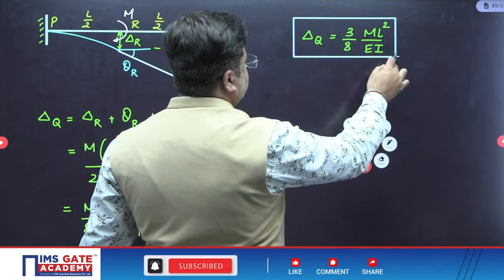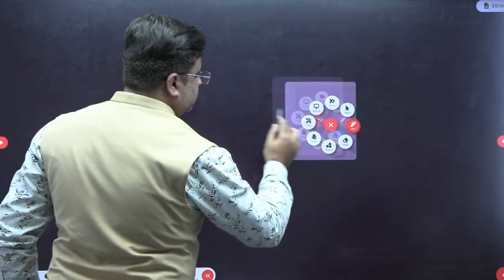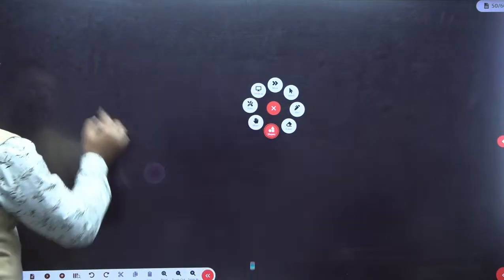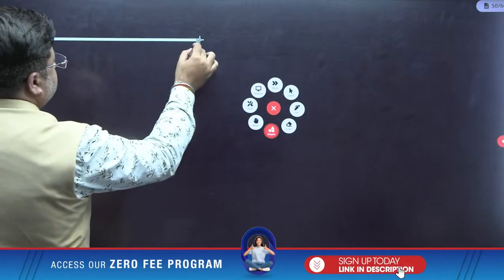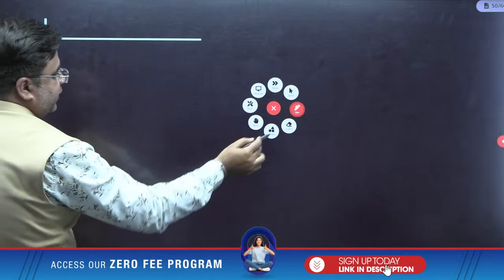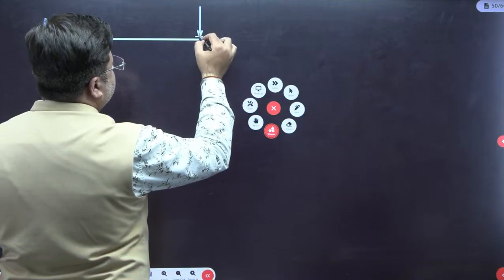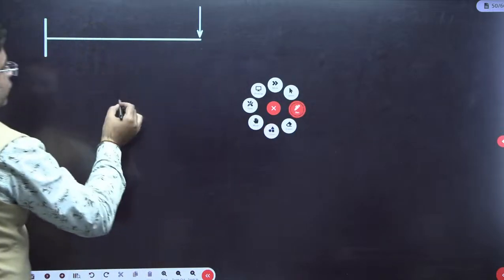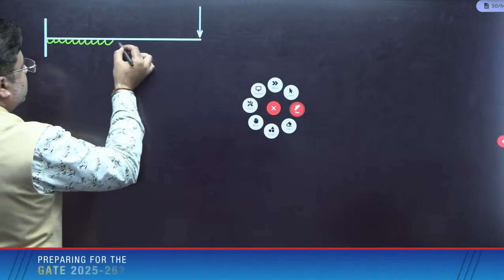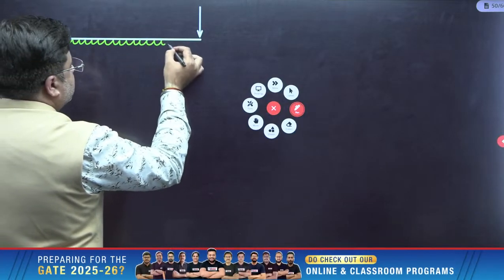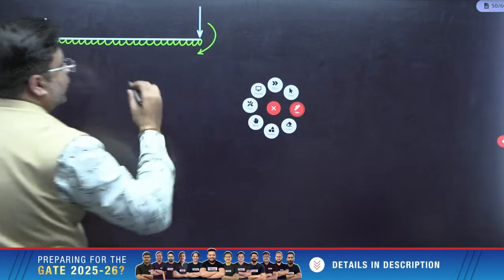Let's take one more question from this segment. For example, if a beam is given to you like this, a cantilever beam is given, and this cantilever beam is subjected to a point load. It is subjected to UDL like this. And it is subjected to a concentrated moment like this.